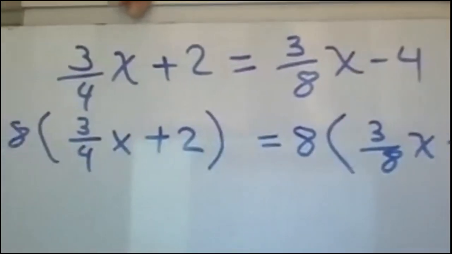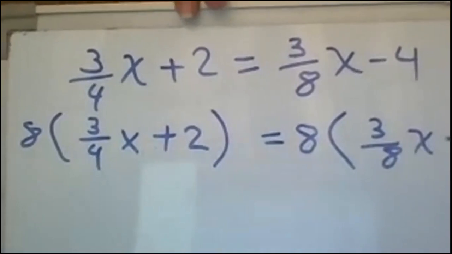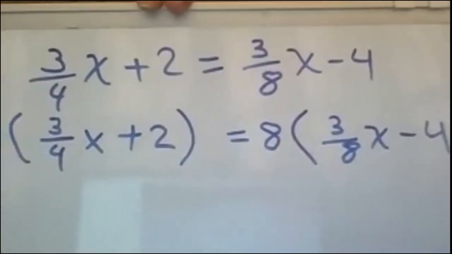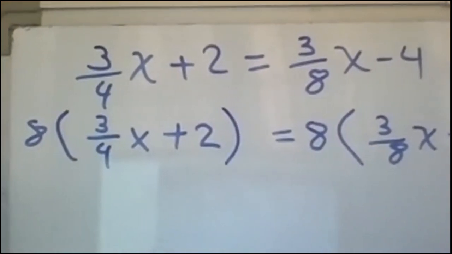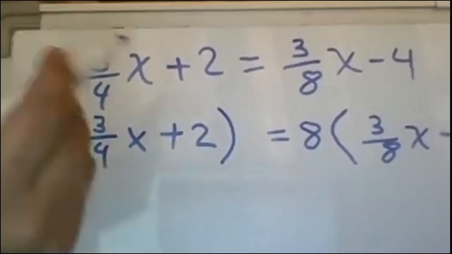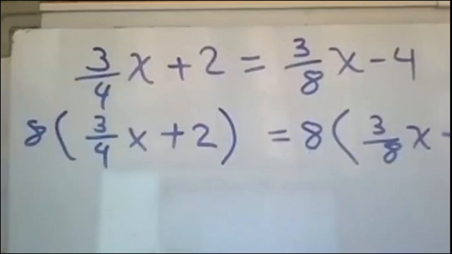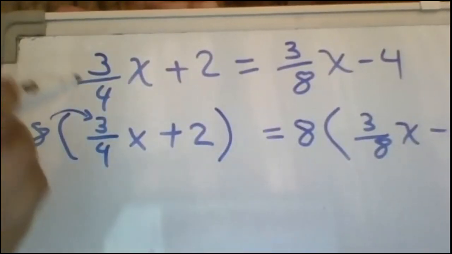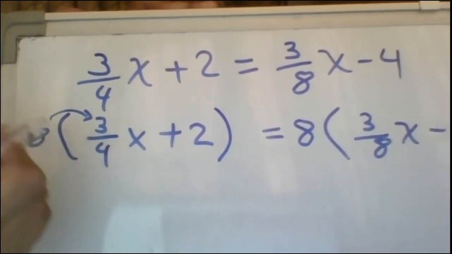Okay? What do we have to do next? We will distribute 8 over the parentheses, which means 8 multiplied. So 8 divided by 4 equals 2.